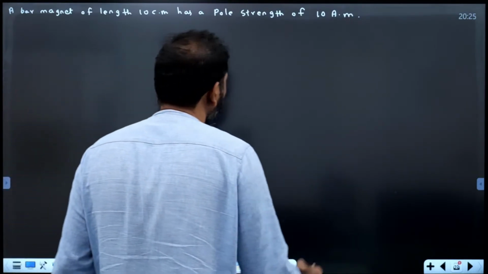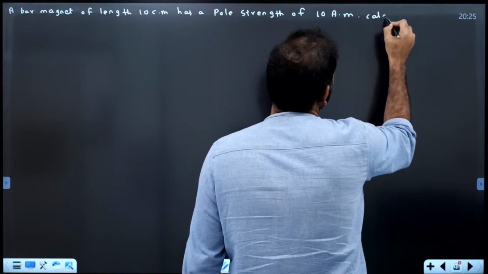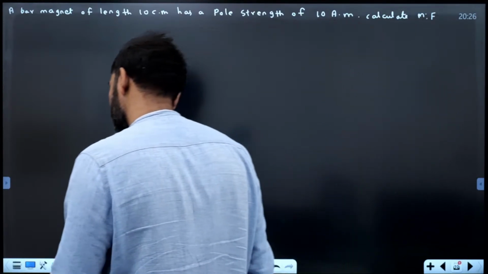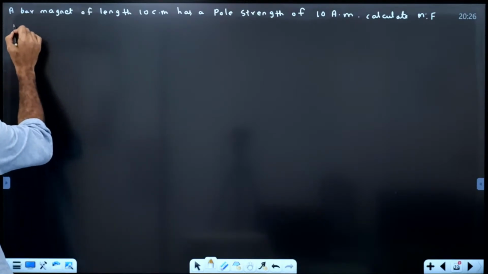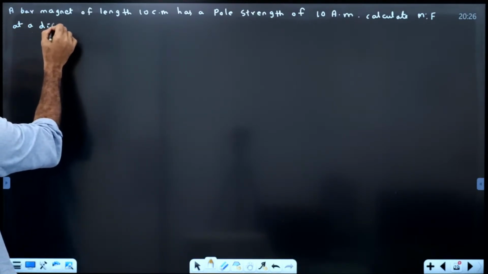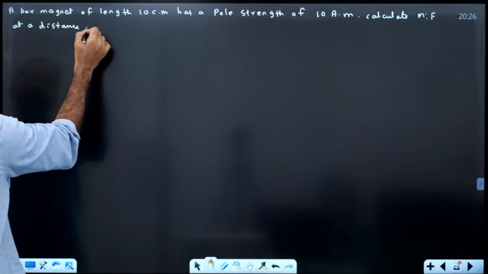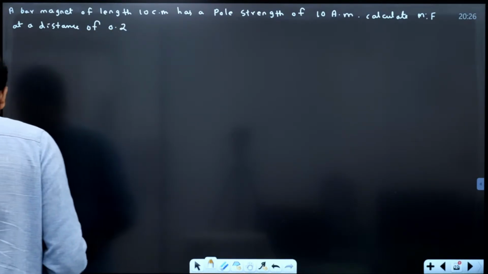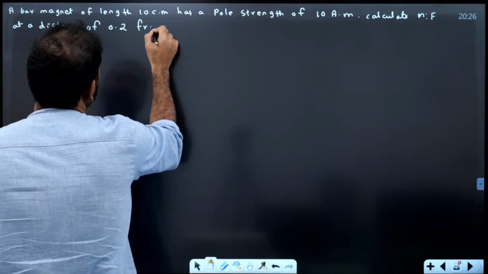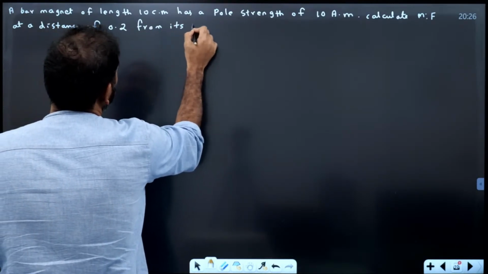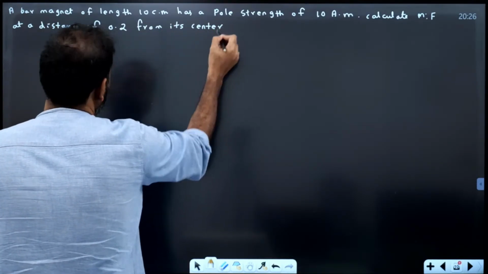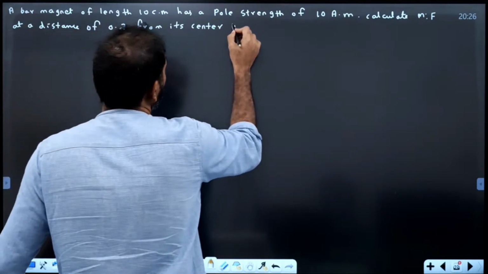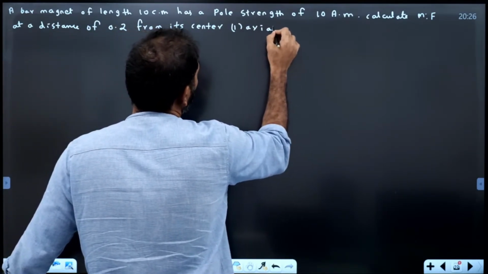Calculate the magnetic field at a distance of 0.2 meter from its center. First axial, second equatorial.